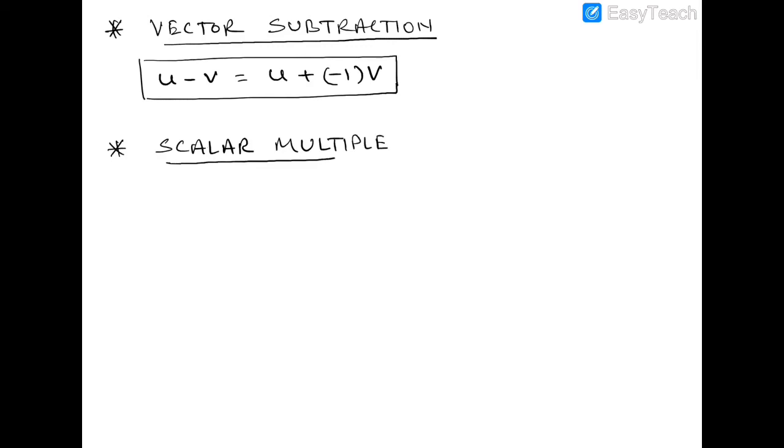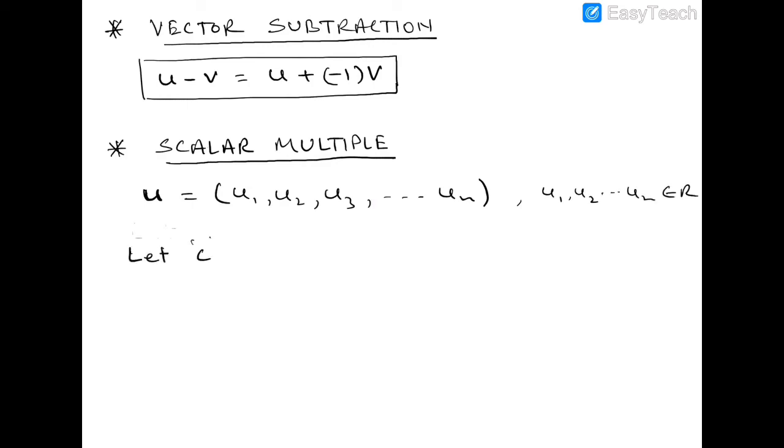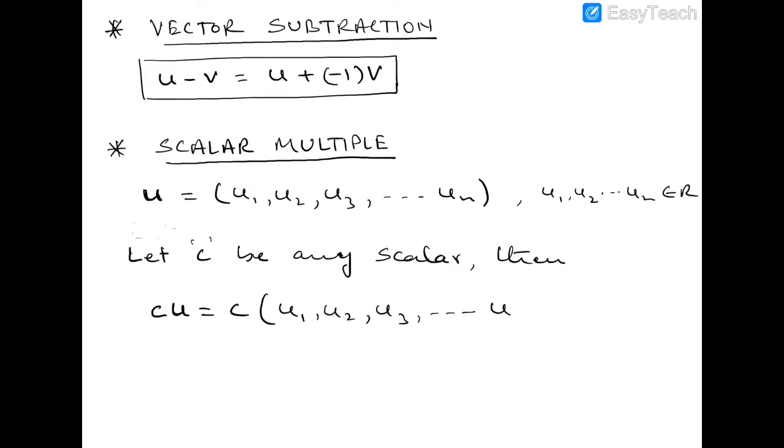So let U be any vector (U1, U2, U3 up to Un), where U1, U2, U3 up to Un belong to R. And let's take c, any scalar. Then c times U will be c times (U1, U2, U3 up to Un), and c will get multiplied with each and every element. So we will get cU1, cU2, cU3 up to cUn.